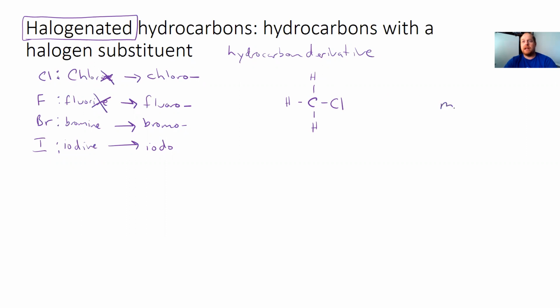So we've got methane, and our substituent is chlorine. The first part gives us our chain, methane, and the second part, the substituent, is just going to be chloro. So it's chloromethane. This is all one word.